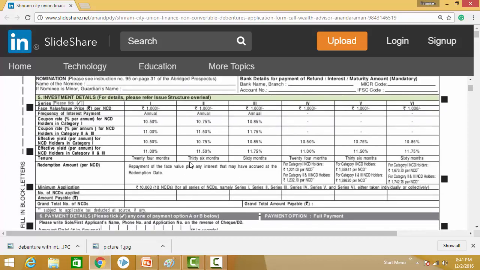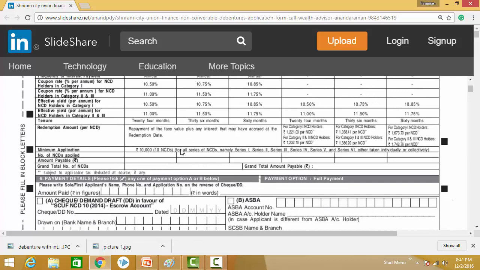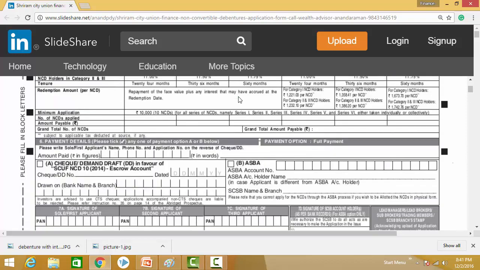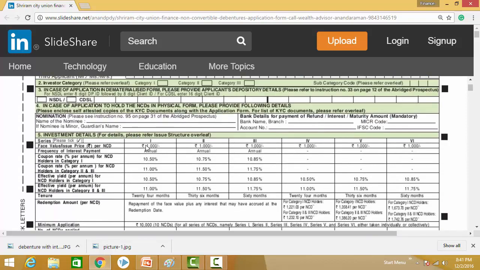Now please, you have to read the prospectus clearly so that you can choose your category very clearly. In the application form it will not be given in so much detail.